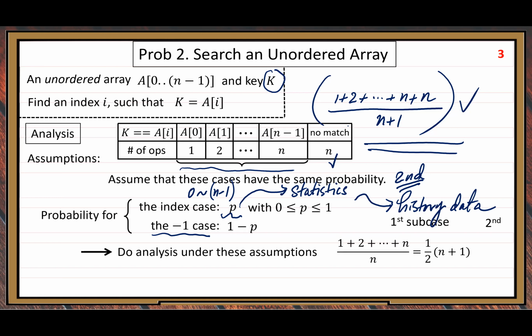For the first subcase, we can calculate the average in our normal way, adding up all n numbers, then dividing by n. But the second subcase is only one single case, the same number. You do not need to take another average; we just treat this as the average for one case itself.